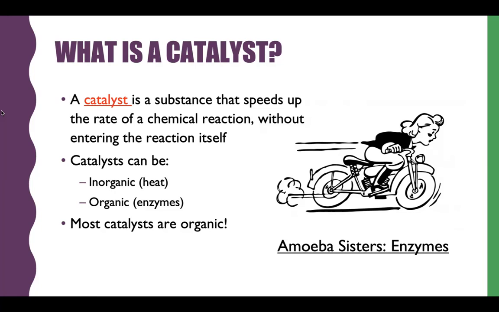Let me give you a great real life example. The enzyme lactase. Another really cool thing about enzymes is that they often end in ase, like lactase. Many sugars, on the other hand, end in ose, and lactose is an example of a sugar. Lactose is a disaccharide, meaning it contains two sugar molecules bound together.